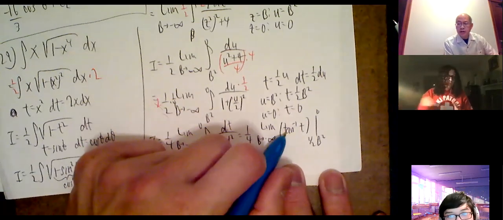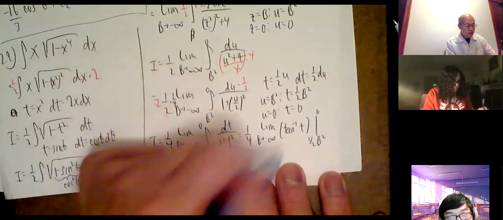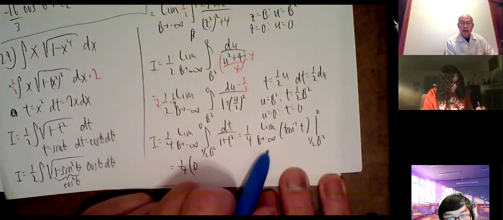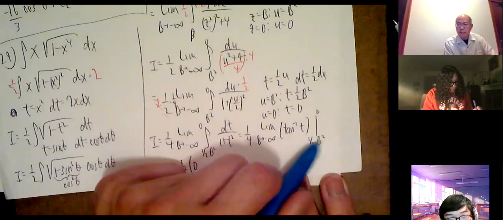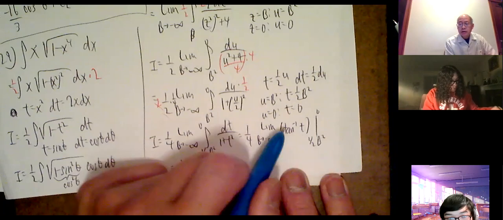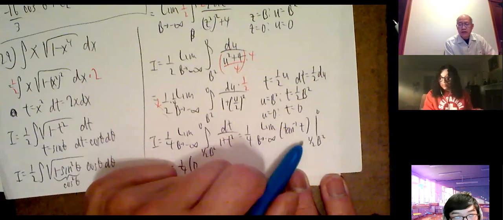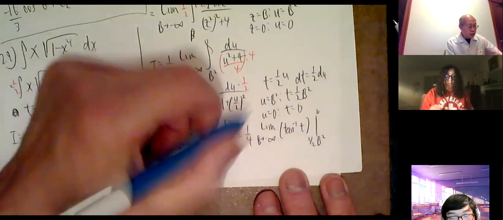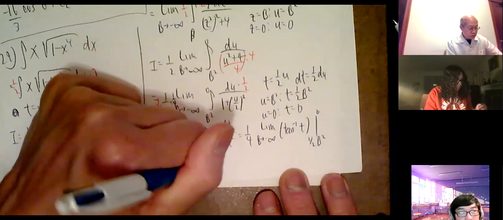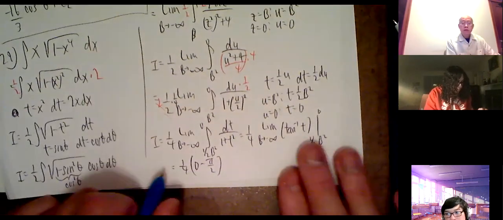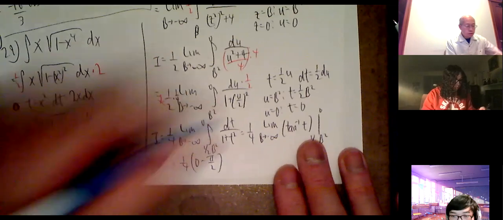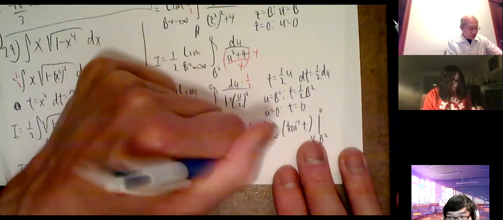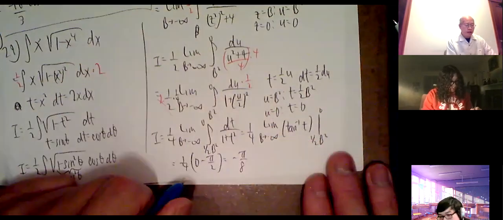Okay, inverse tangent of 0 is 0. Now, when b becomes a big negative, this becomes a big positive. Inverse tangent of a super big positive turns out to be pi over 2. So I have negative pi over 8 as my answer.